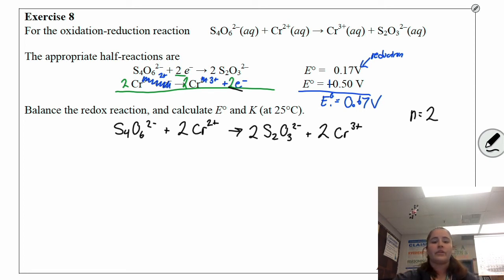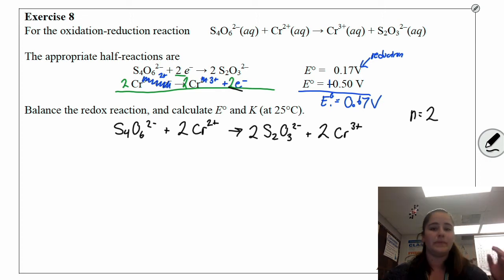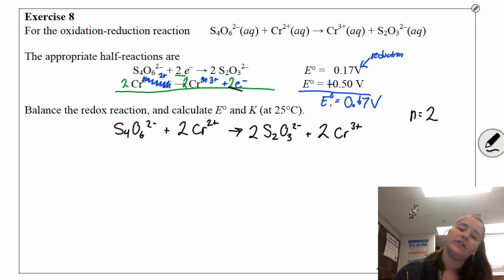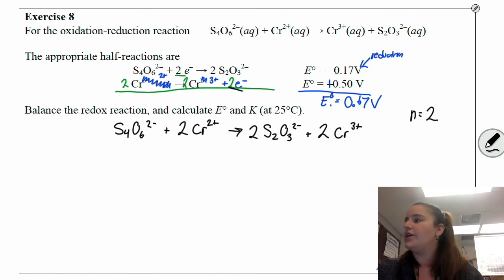Okay, so now we have our E naught, that's the 0.67. We need to find K. So we're going to find our delta G and then set those delta G's equal to each other using the Nernst equation and the other one. So remember how the equations went.